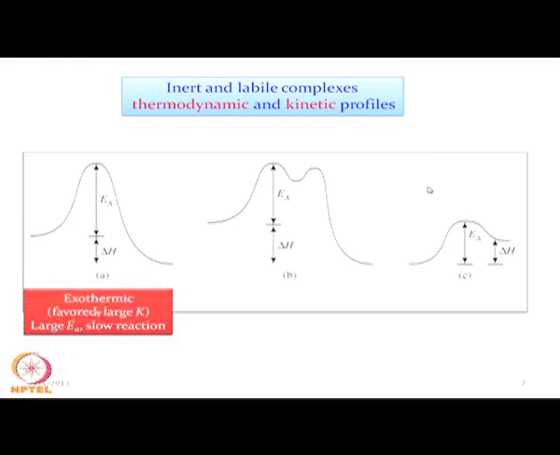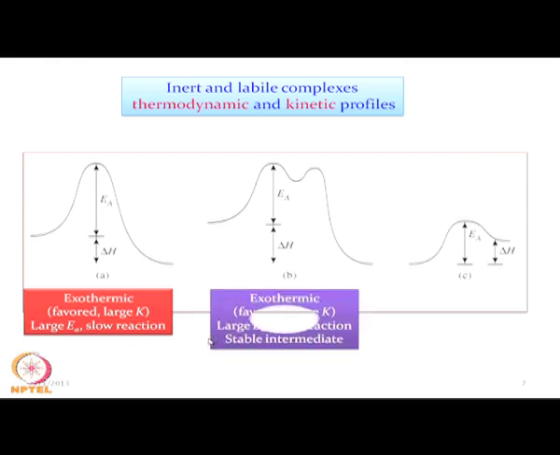So, we find that in this particular case we have this exothermic one, which is favored as large K and large EA, therefore, we have a very slow reaction. In the second case, this is also exothermic, favored by large K, large EA, slow reaction, but it has some stable intermediate. The difference between A and B is that here we do not have some depression and we have no such stable intermediate, but in this particular case we have some stable intermediate.